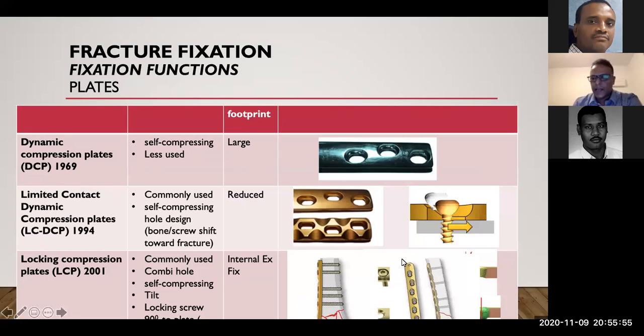This type of plate can be used in different types of fractures, and because it has locking screws, it has angular stability, which in the past we used to get with plate and plate. However, now because it's locked to the plate as it's locked to the fracture, it gives us very good angular stability.